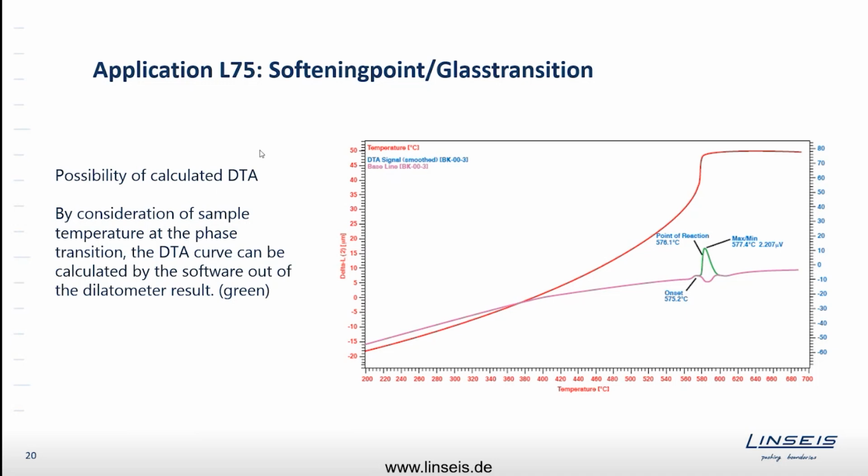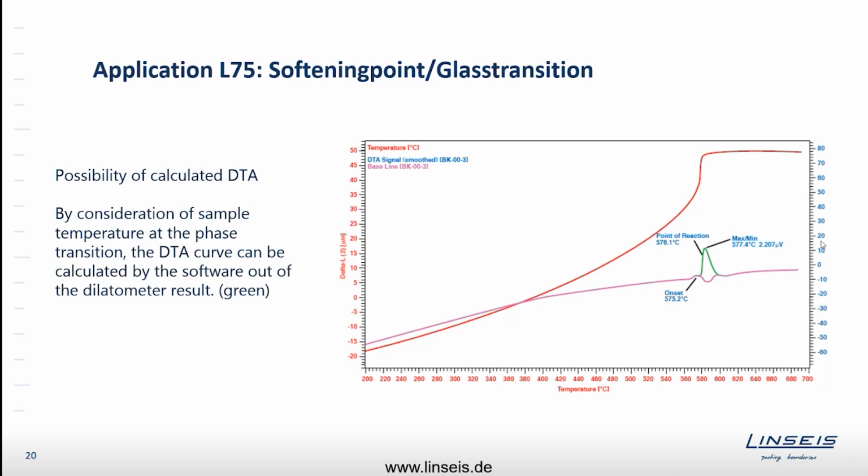You also can do calculated DTA, which is something very special or very, very new. If you set a temperature profile and you measure the temperature of your sample, if the sample undergoes a phase transition, you can not only see an expansion change. You can also see a change in the actual temperature of the sample. You can sense that. And if you compare the sensed temperature with the actual program temperature, you can calculate that kind of temperature difference, which is more or less a calculated differential thermal analysis, like you would use a DSC, where you would use an empty crucible and the sample containing crucible and measure the difference.